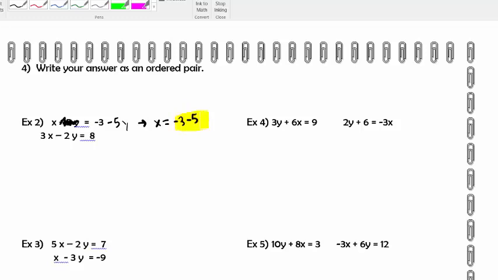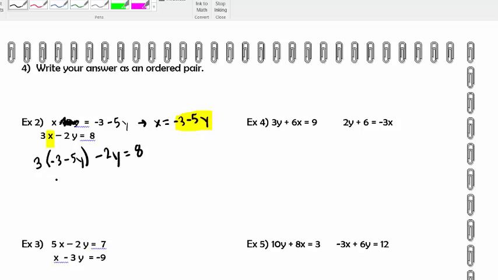So since all of this is equal to x, that means wherever you see an x, you can change it to that expression. And remember, you want to use the other equation that you didn't touch yet. So instead of x, I'm going to change it to negative 3 minus 5y. And make sure that you put that in parentheses. Always use parentheses when you substitute.